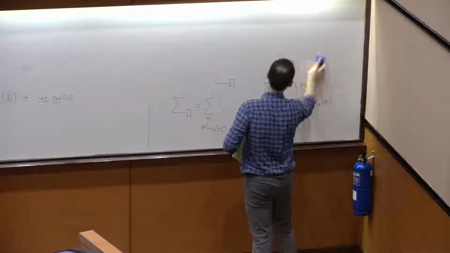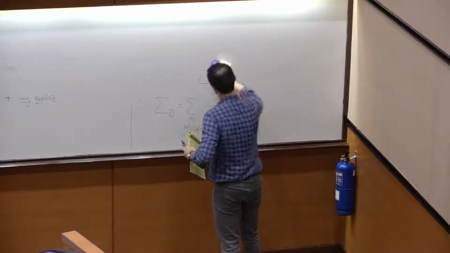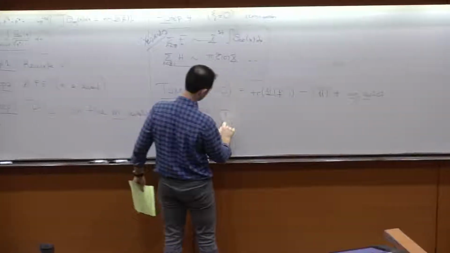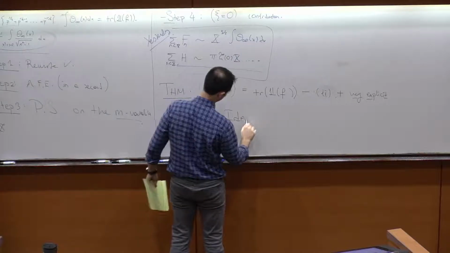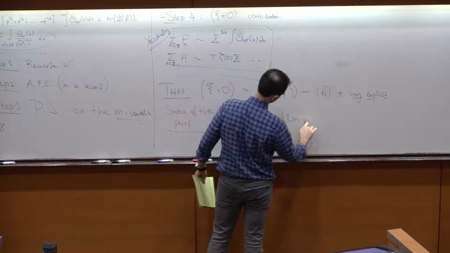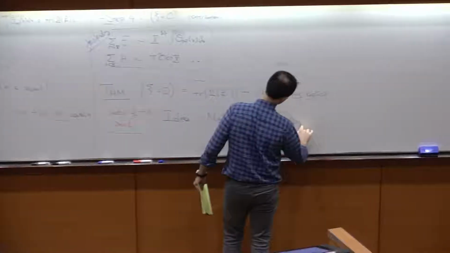Okay, so the idea is contour shifts, but how do we get to contour shifts to start with? So let's do it slowly, step by step. So the idea, or method, is Mellin transform, Mellin inversion, plus contour shifting.